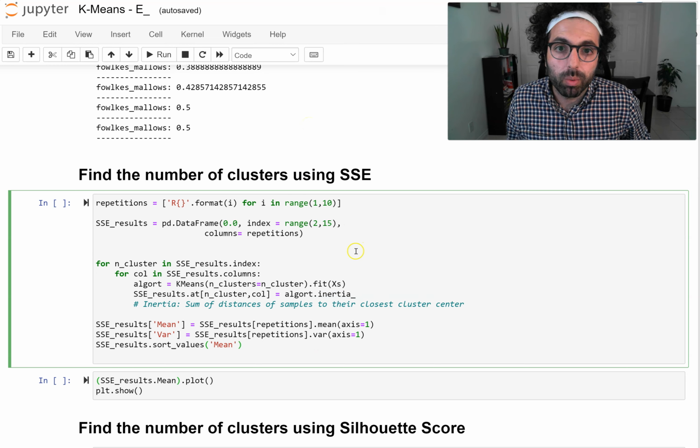Now that we know this might happen, we have to make sure that we capture the one clustering that is better. Every time K-means runs, it might find a clustering that is more meaningful, and this might be a run that happened not to find the meaningful clustering. So we want to guard ourselves against the randomness of K-means.